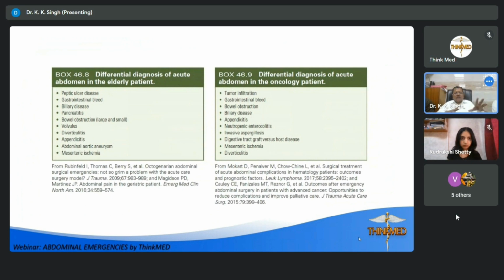And these are in elderly patients. What are the causes? As I told you, peptic ulcer disease, GI bleed, appendicitis, anything. Differential diagnosis in an oncology patient, most common is tumor, either in the large bowel, ileocecal region, or anywhere.